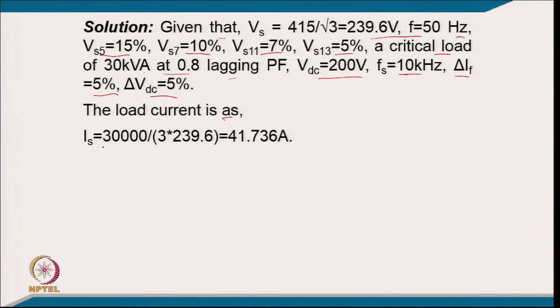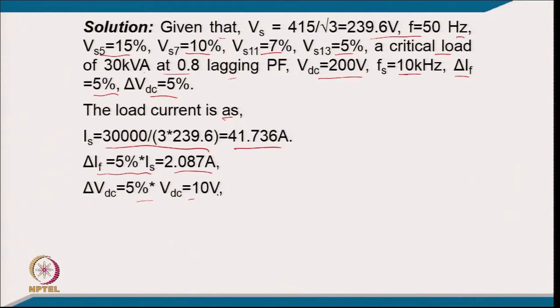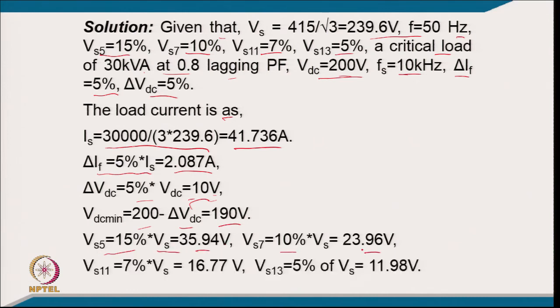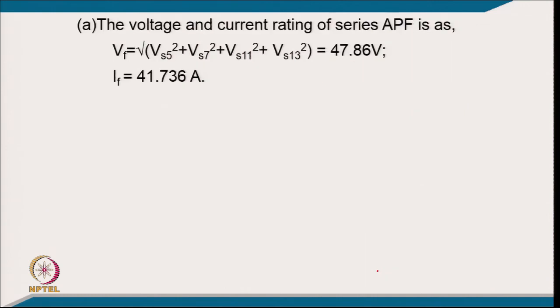The load current is calculated from the kVA, so it comes to 41.736 ampere and the ripple current of 5% is 2.087 ampere. The ripple voltage of the DC link voltage, given as 200 volt, 5% is 210 volt, and the minimum DC link voltage comes to 191. Fifth harmonic 15% is 35.9 volt, 7th harmonic 10% is 29.96, 11th harmonic 7% is 16.77 and 13th at 5% comes to 11.98 volt.